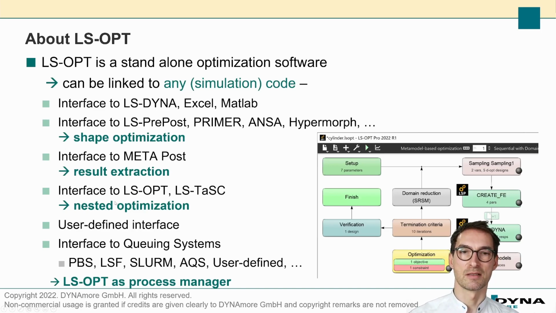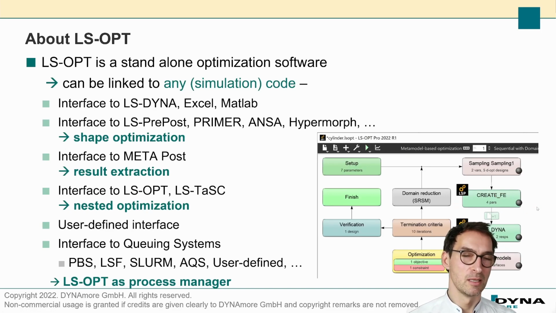And then of course you can have an interface between LS-OPT and LS-TaSC. You can create some nested loops, so you can optimize shape and parameters at the same time. There are user interfaces and so on. It also works with queuing systems of clusters. On the right-hand side here you see an overview, and this is actually how LS-OPT looks, and it works in a more graphical way. You have the setup, then you can set up some parameters, how you want to optimize, what kind of method you want to use.